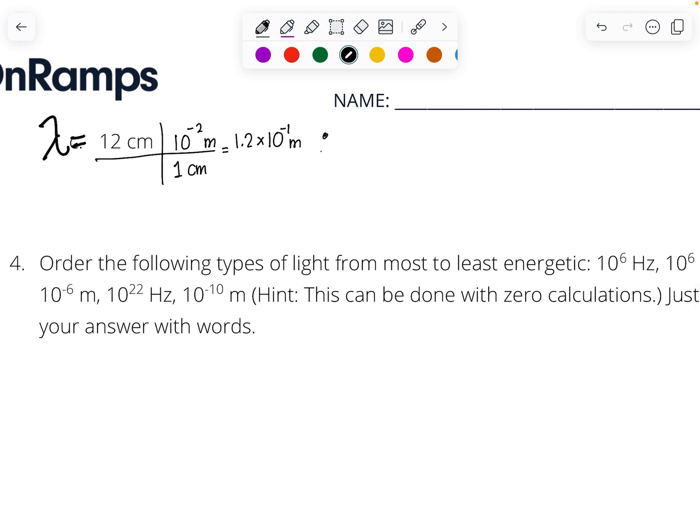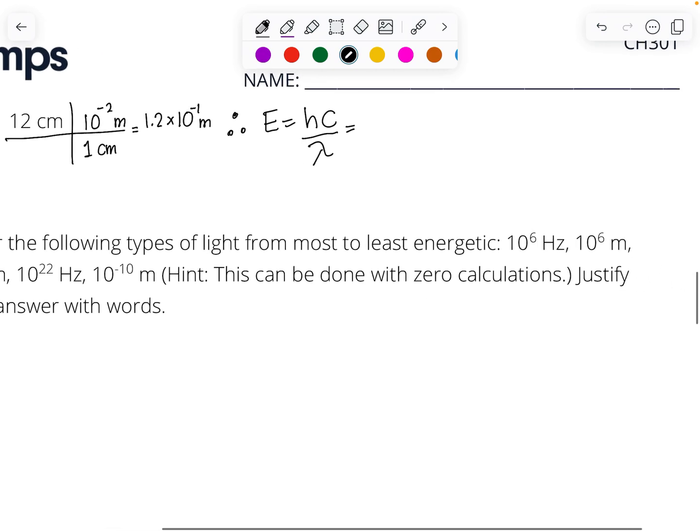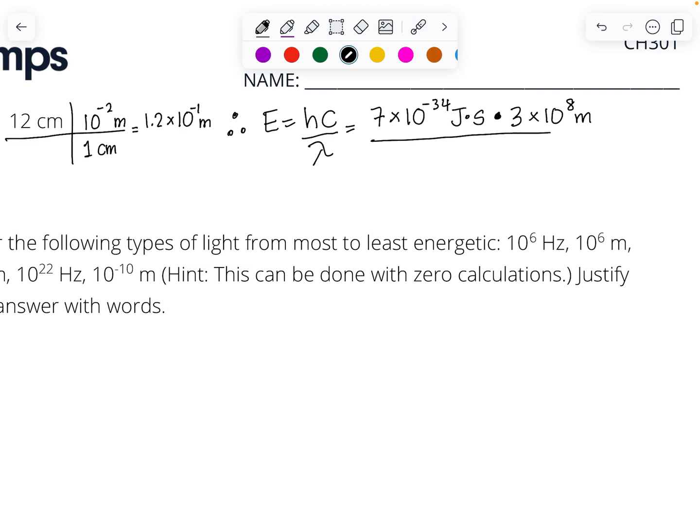All right, so because this is wavelength, we have to use the combined equations. So remember, that is energy equals Planck's constant times the speed of light divided by wavelength, lambda. Planck's constant, 7 times 10 to the negative 34 joules times seconds, times the speed of light, which is 3 times 10 to the 8 meters per seconds underneath in that denominator.